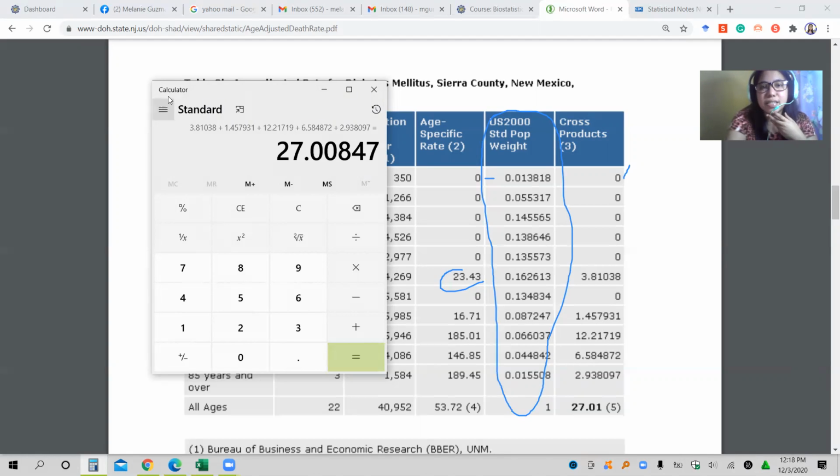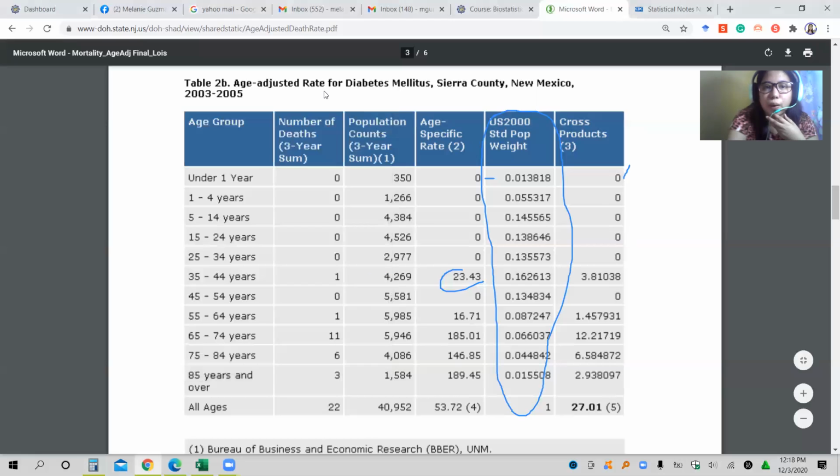And this is now the computation of the age-adjusted rate for diabetes mellitus in Sierra County, New Mexico.